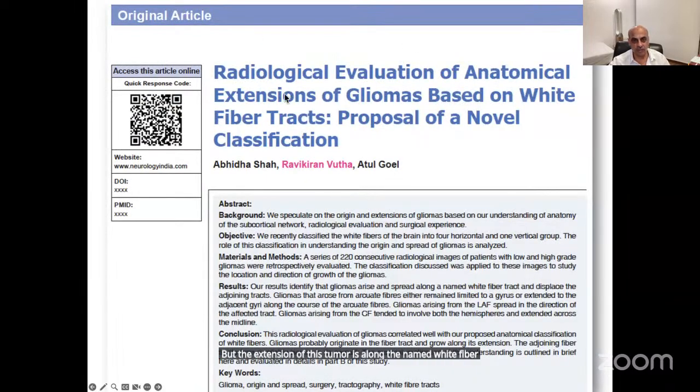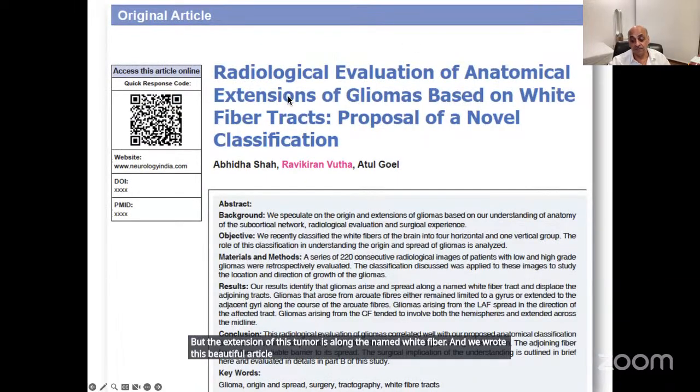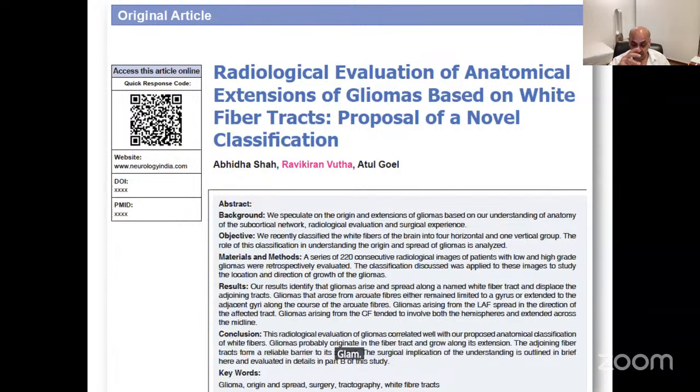And we wrote this beautiful article that we can actually say whether this is a glioma or not on the basis of whether it is going along the white fiber. If it is, it is a glioma. If it is not, it may not be a glioma. And you must remember that white fibers have a very elaborate extension in the brain, like the corpus callosum.